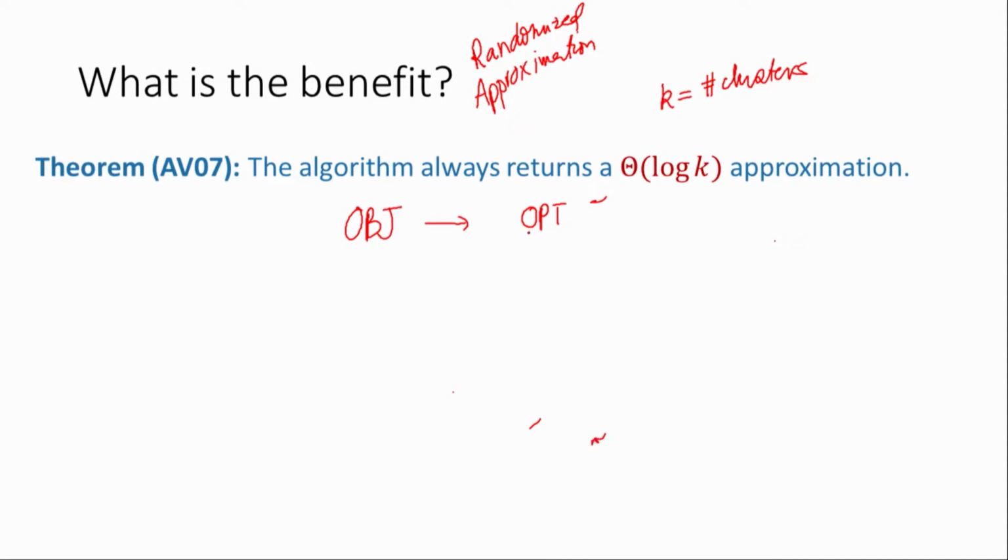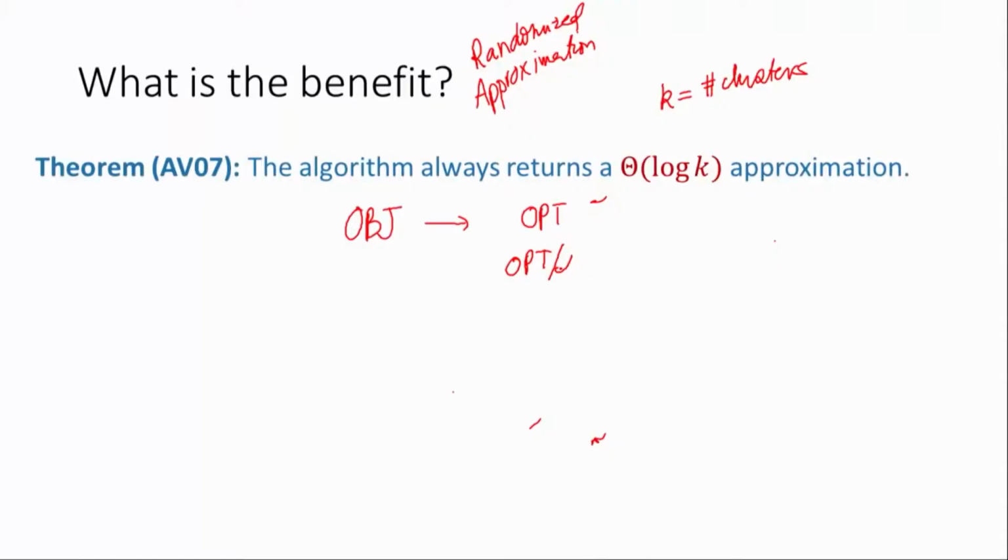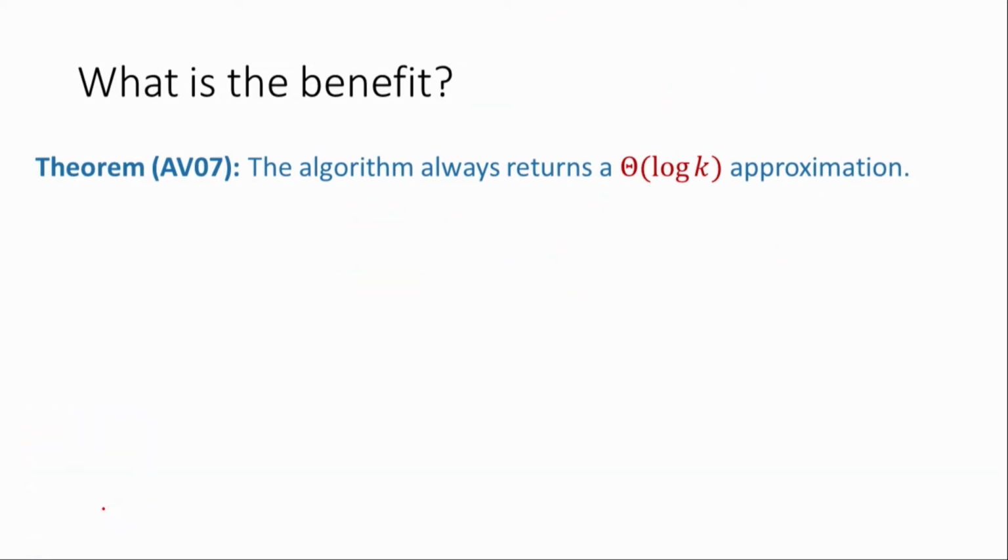So if you cannot minimize it, suppose you have an algorithm that can give you a solution that's within opt over 2. The cost of the solution, the cost of the algorithm. Oh, sorry, I should really talk about minimization. So let me erase all ink on the slide.